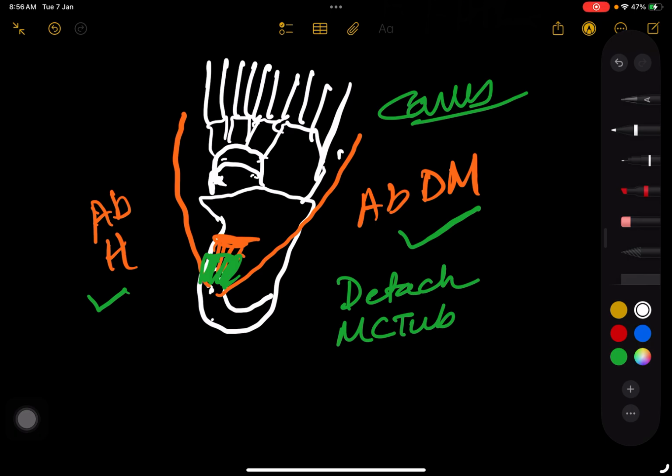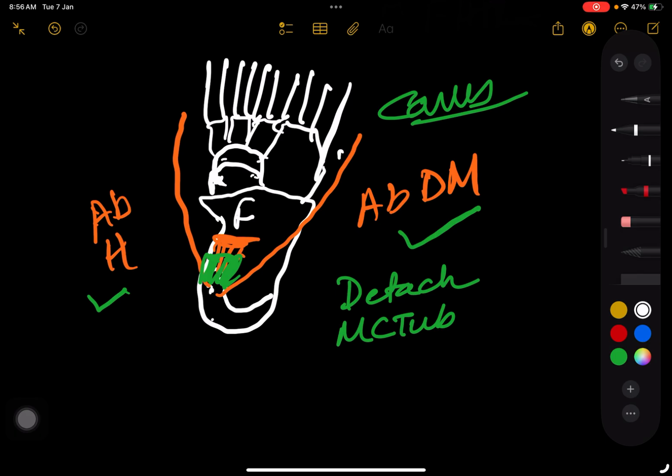In cavus, you detach the first layer of sole muscles from the medial calcaneal tuberosity. The first layer are abductor hallucis, abductor digiti minimi, and in between you have the flexor. So you have a flexor between two abductors: flexor digitorum brevis, abductor hallucis and abductor digiti minimi, and plantar aponeurosis.